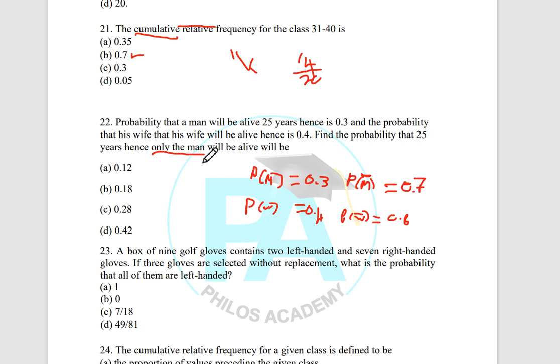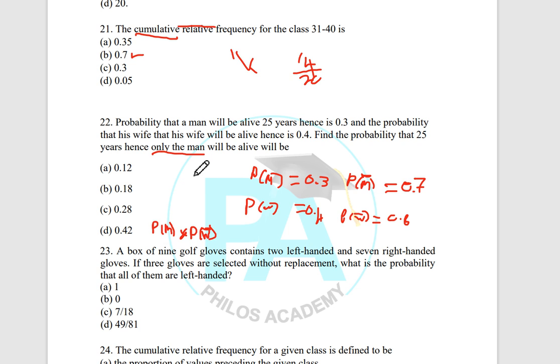If we say only the man will be alive, this means that the man will be alive and, that's multiplication, the woman will not be alive.